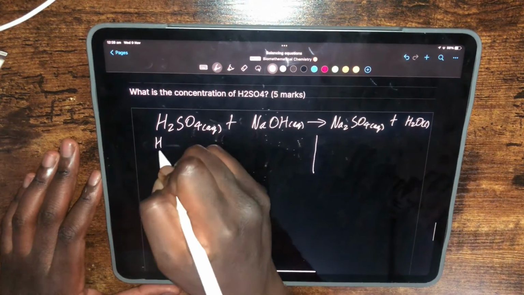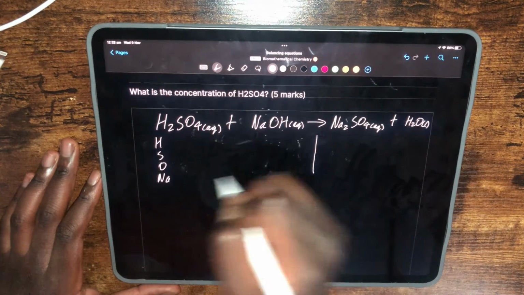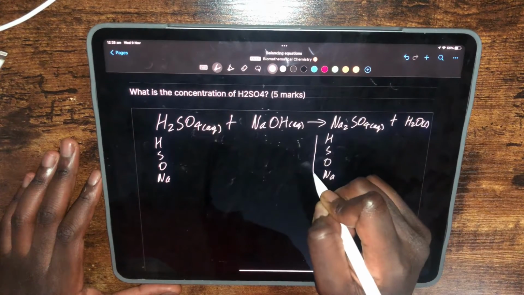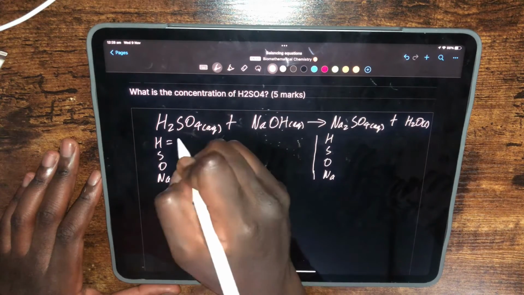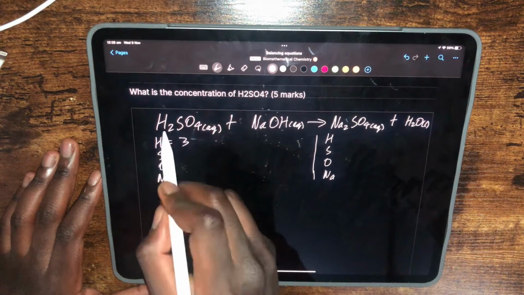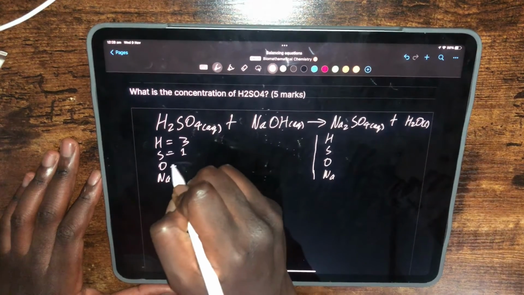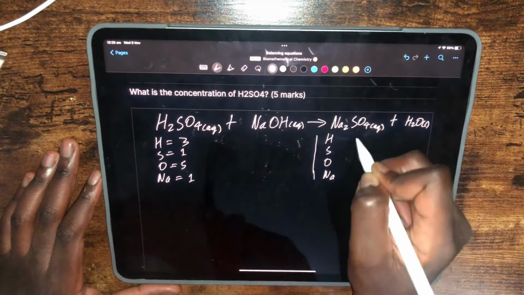How do I balance it out? We've got 3 hydrogen atoms on the left if you count them up: 1, 2, and 3. S is 1, O is 5, and sodium is 1.